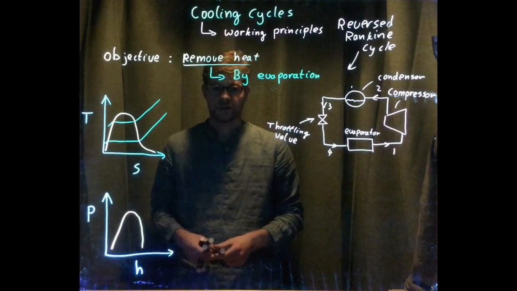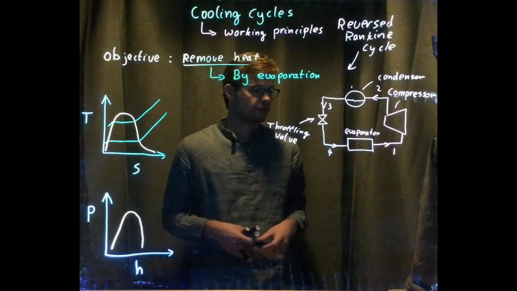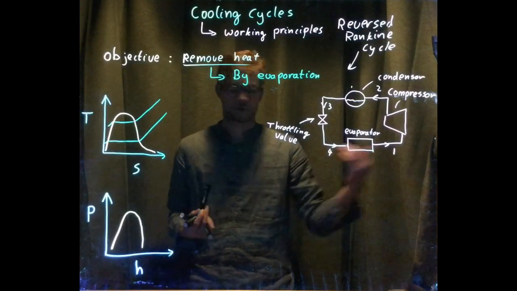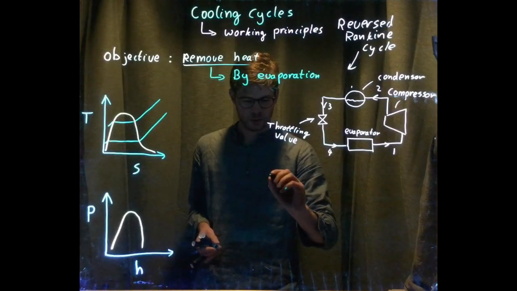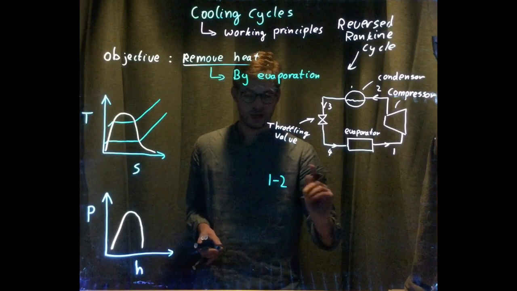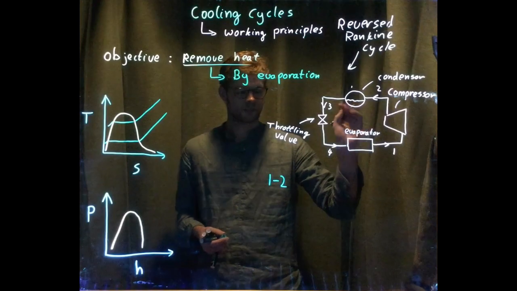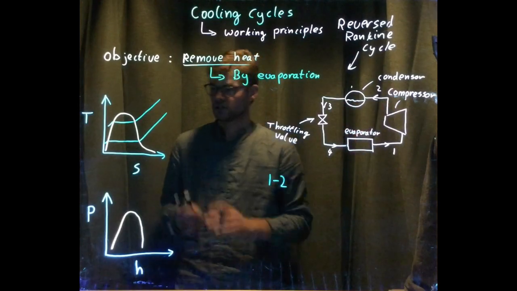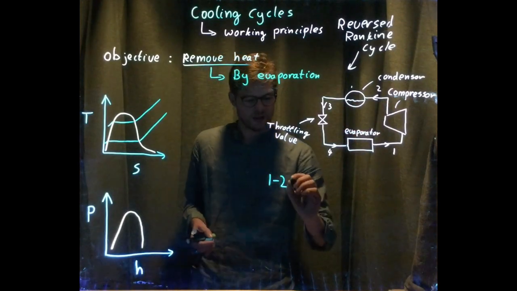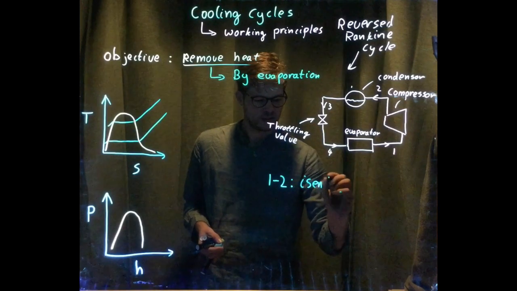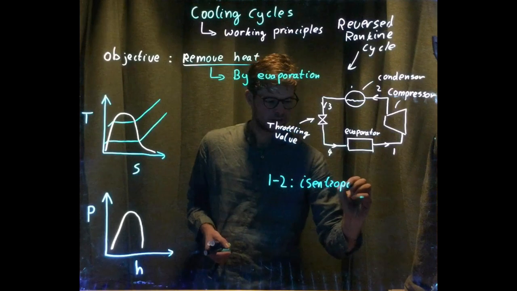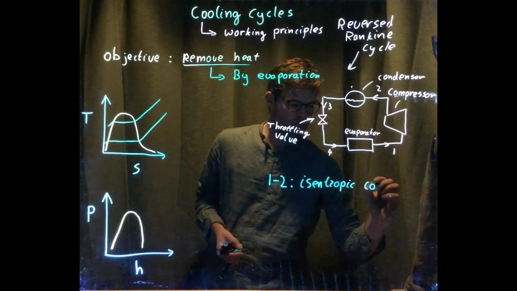So now I'm going to draw what happens from stage 1 till 2, and I write down over here what happens as well. I'm assuming that the compressor I'm using is isentropic, just for this example. So the first stage is isentropic compression.